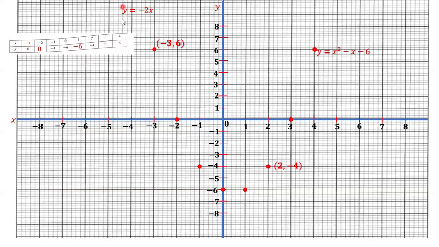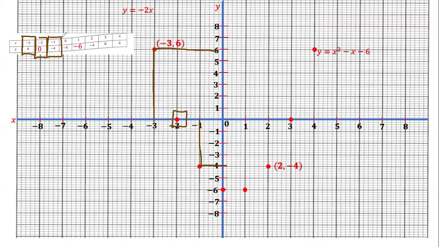We have -3 and 6. Then we have -2 and 0. That's going to be right here. Then we have -1 and -4. That's going to be right there.